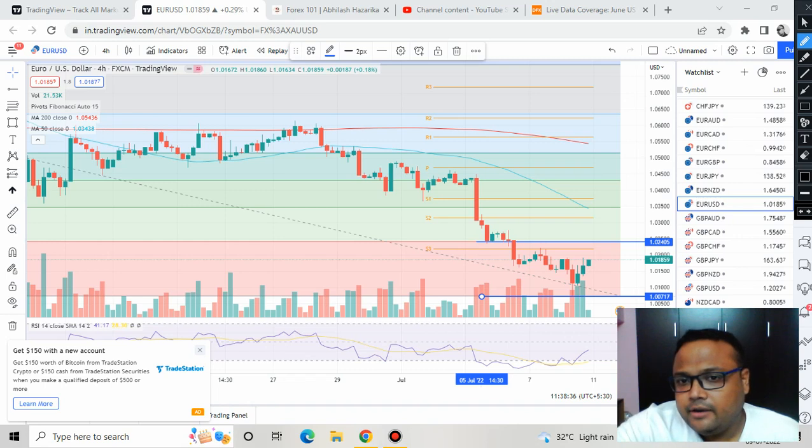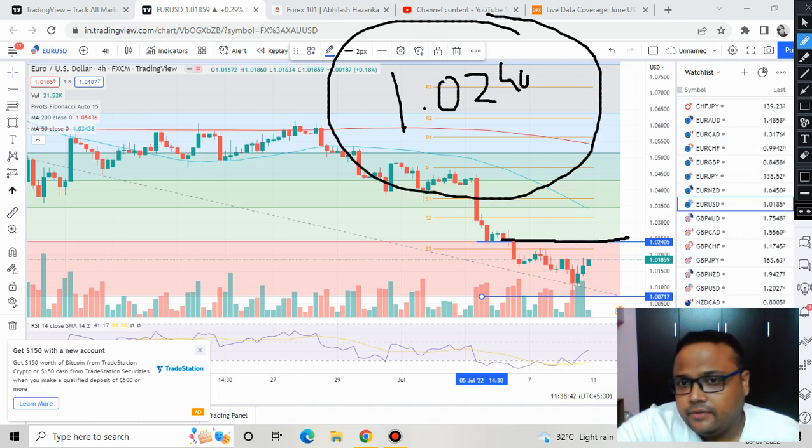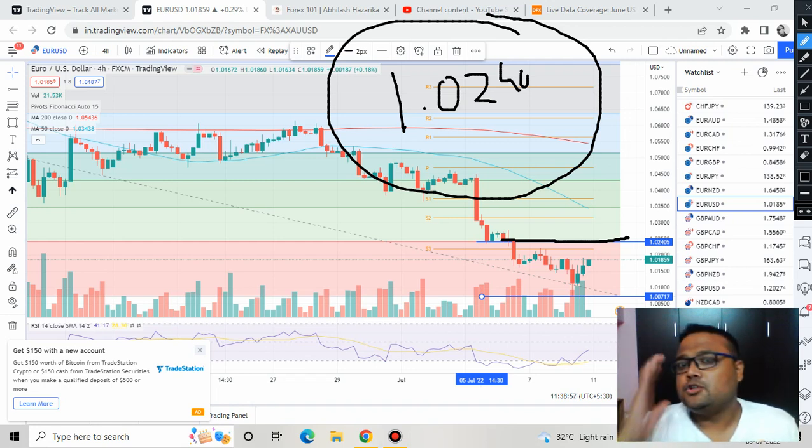So if the market reverses from this particular level, 1.0240, or if we see some sort of price rejection from above around this level, we can take a sell position. But yes, observation will be very important, because no level is permanent in the market, and a trader should be very careful before placing the order.